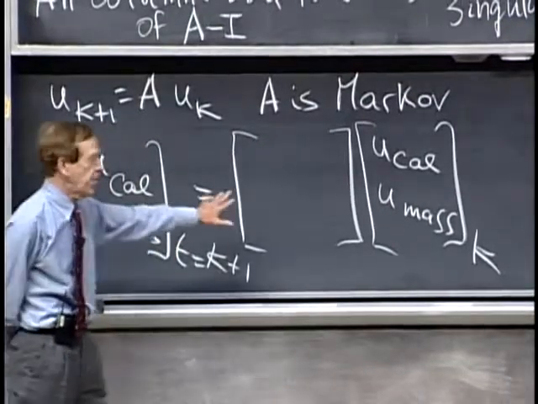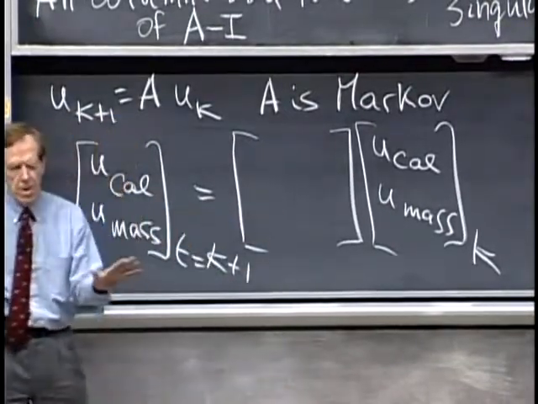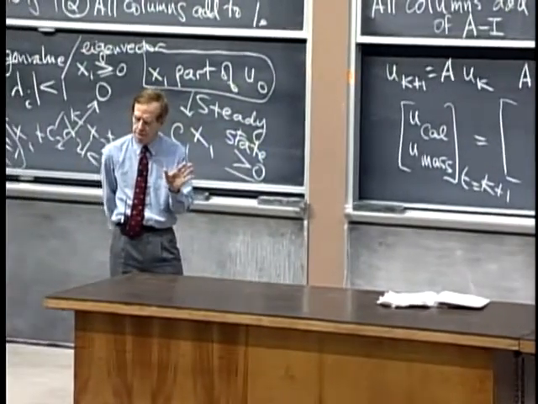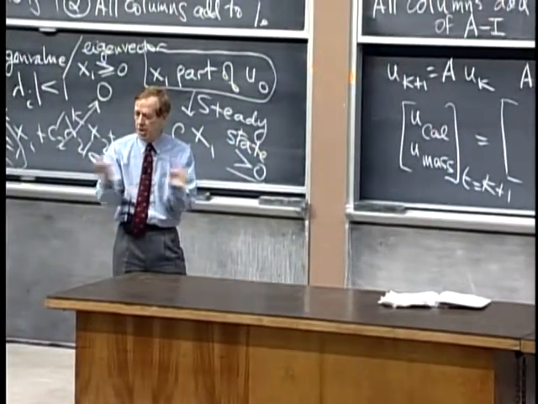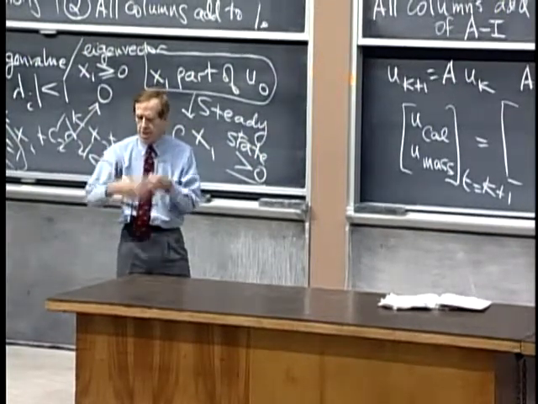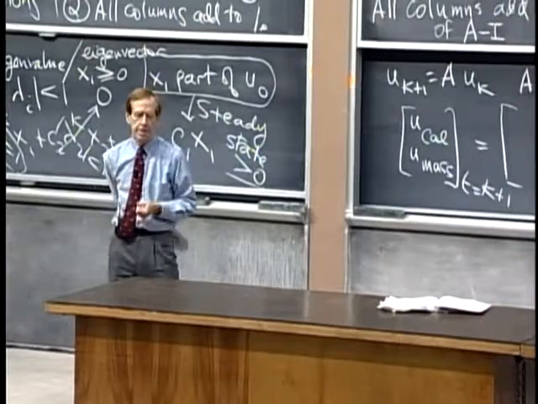And notice this matrix is going to stay the same, forever. So that's a severe limitation on the example. The example has the same Markov matrix, the same probabilities act at every time.